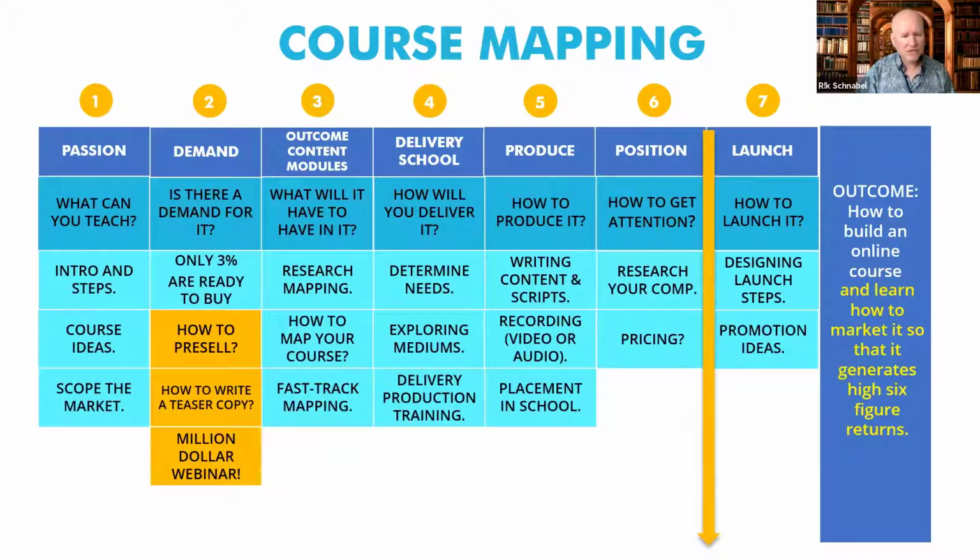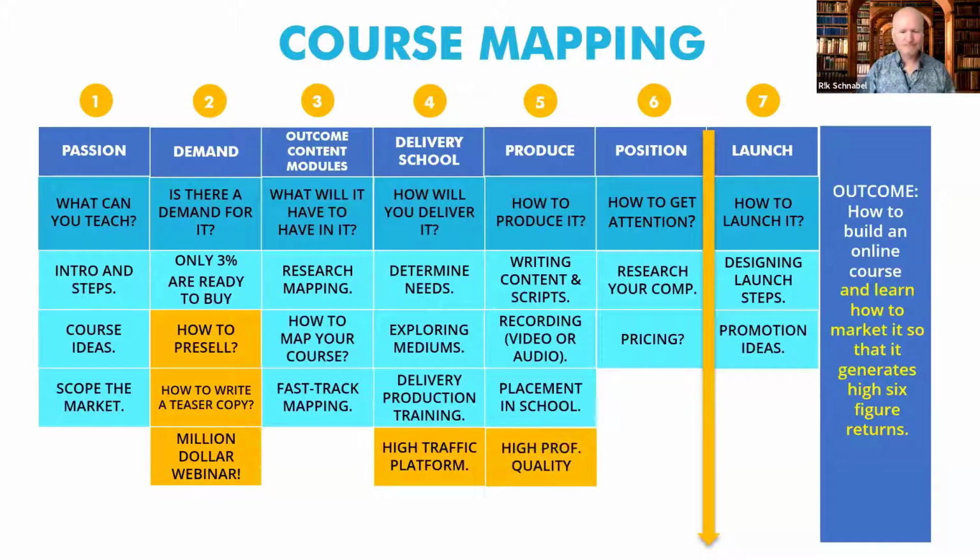And we also incorporated a $1 million webinar system in that as well. In the delivery module, we found a high traffic platform, as I mentioned earlier, that has 50 million students. So you can put your course in a delivery spot that basically has 50 million people going around searching for courses. And of course, you can put it on your own website as well.